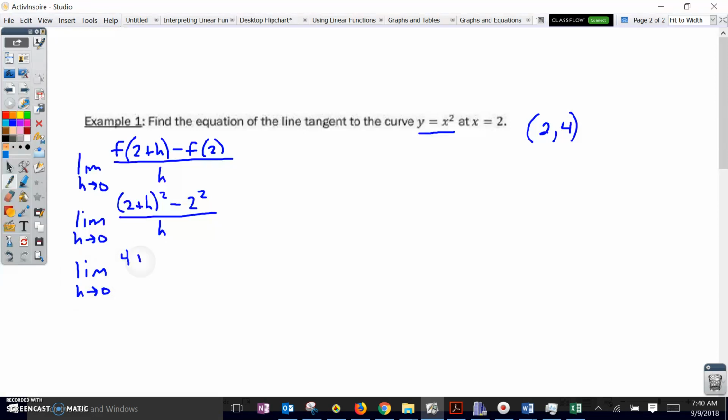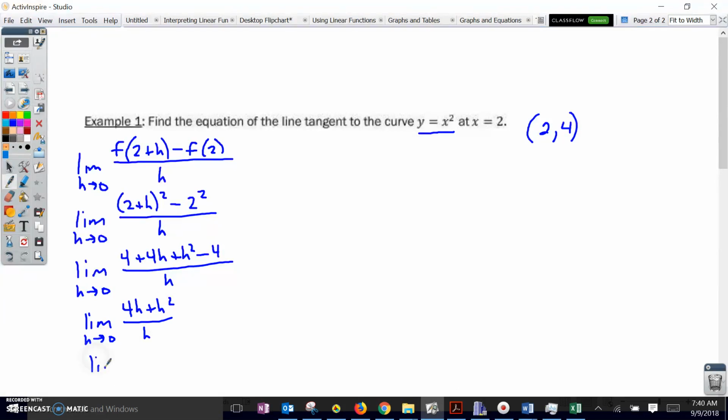And now I'm going to go ahead and simplify that out. That gives me 4 plus 4h plus h squared minus 4 all over h, which then the 4's cancel each other out, and it becomes this.